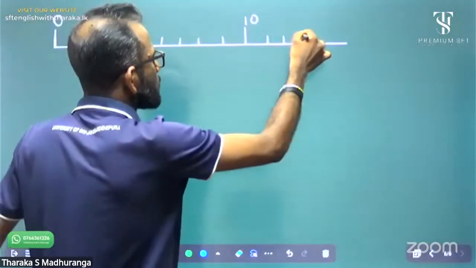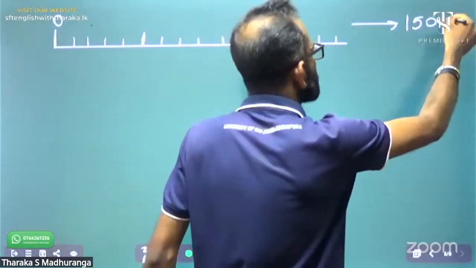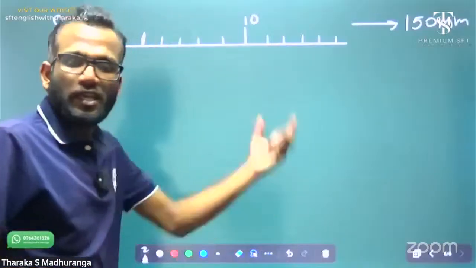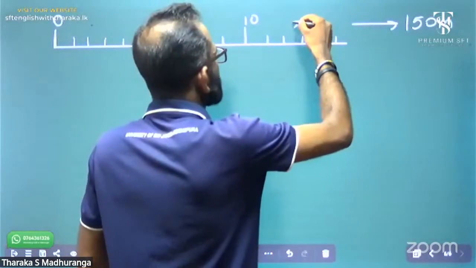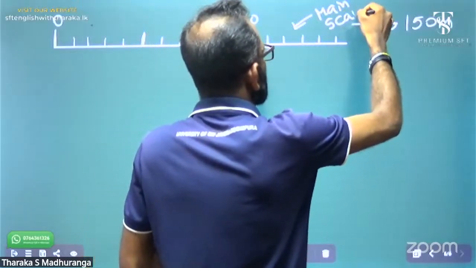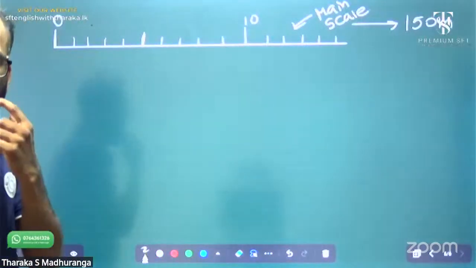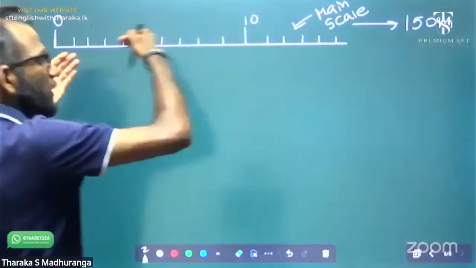It is the same as your ruler, and I told you it continues up to 150 millimeter. What is the name of this? It is the main scale. This is a main scale, the same as your ruler.